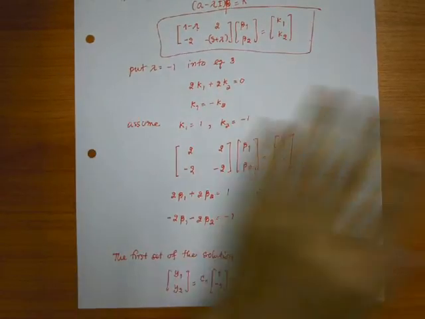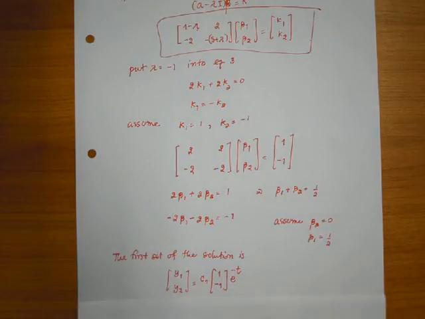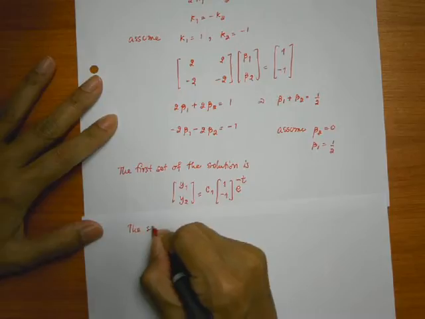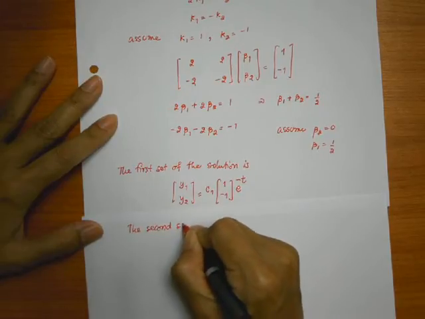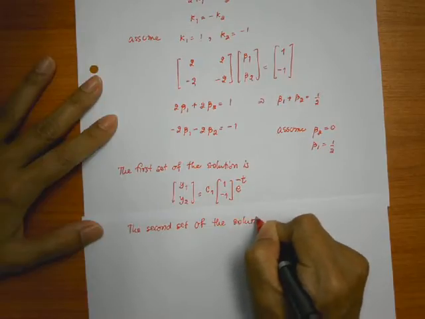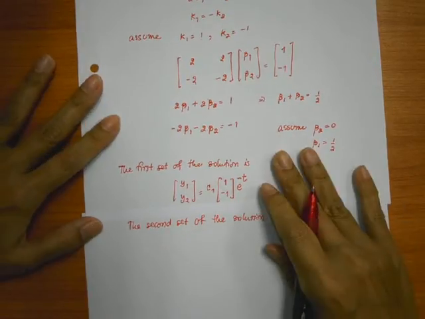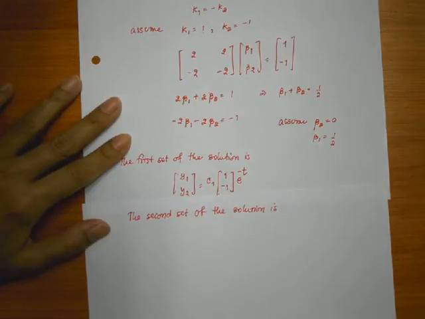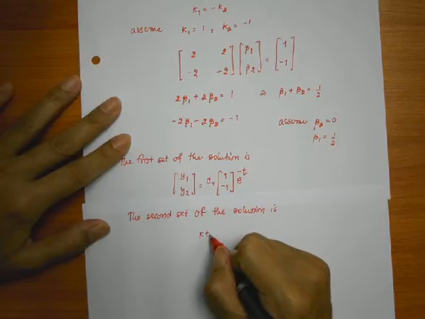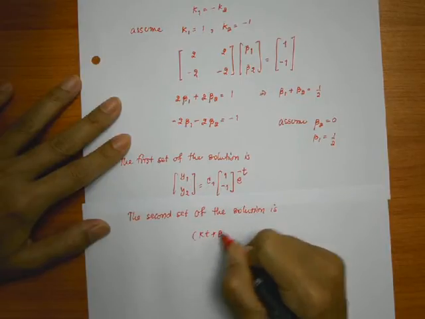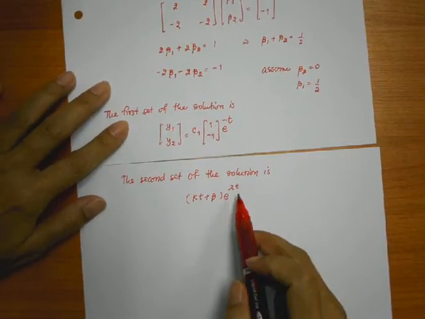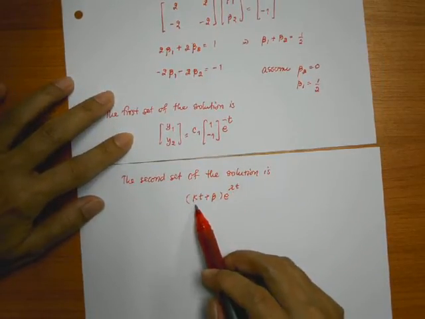And our second set is in the form of (kt plus beta) times exponential of lambda t, and we know that our lambda is equal to minus 1. We know our k and we know our beta.